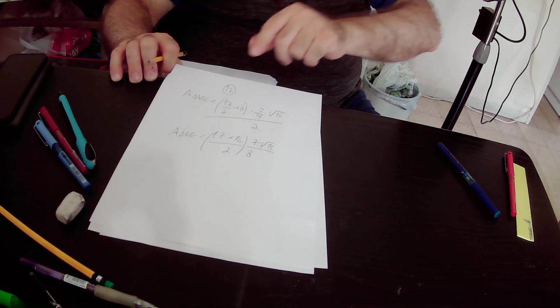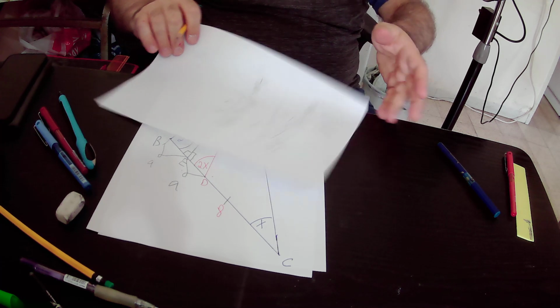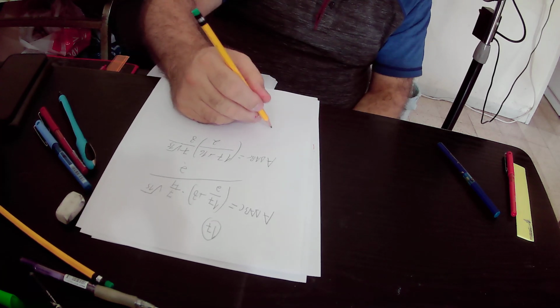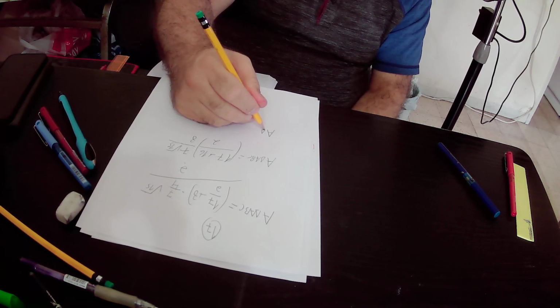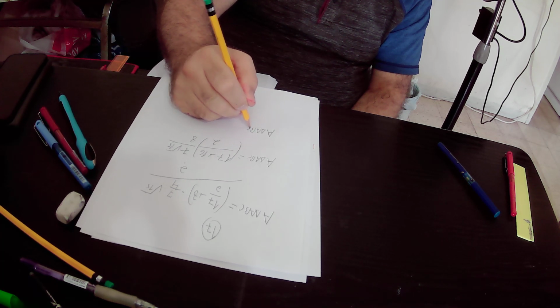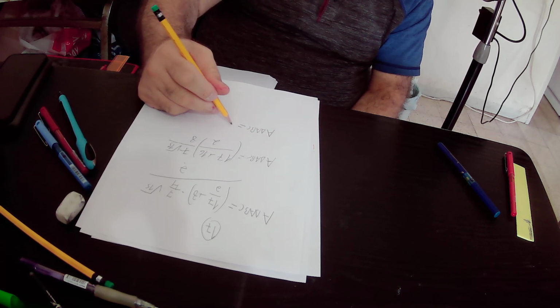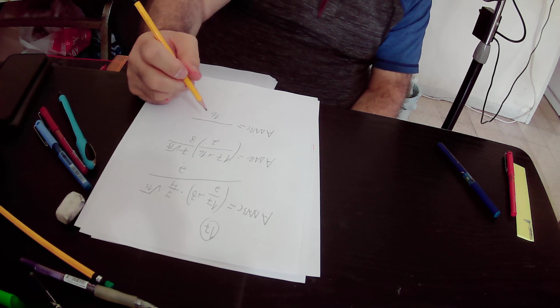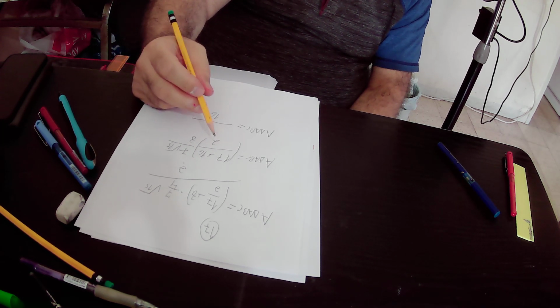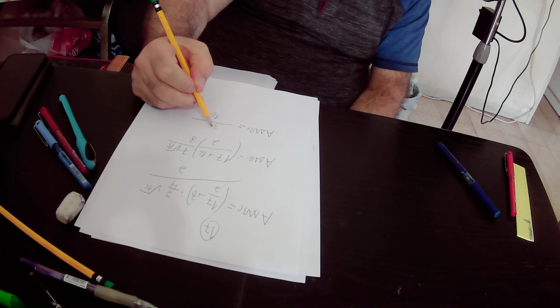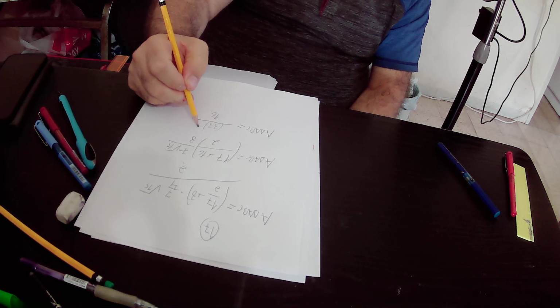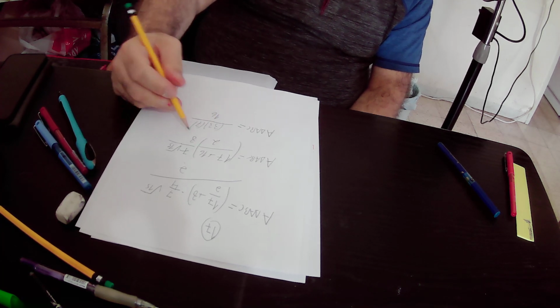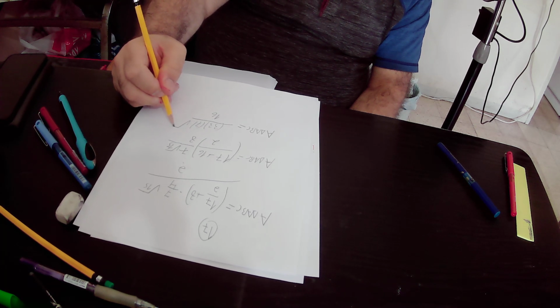2 times 8 is 16, so I'll write it down. So the area of triangle ABC equals to 16. 17 plus 16 is 33 times 7 times root 15.